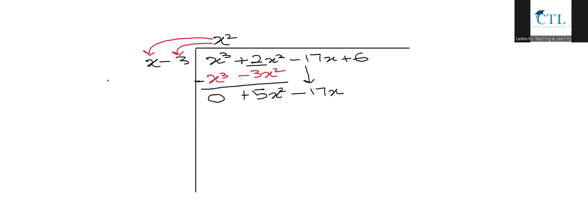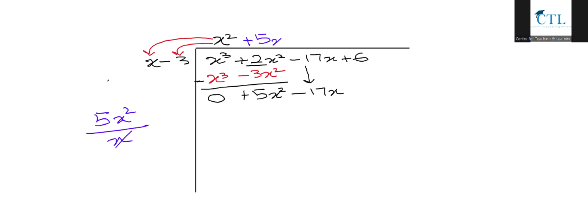So now same story. Now you need to ask yourself, 5x squared divided by x. As I told earlier, you could think of it like this. 5x squared dividing by x. You can see an x is getting cancelled off. So the answer is 5x. So we write it at the top.